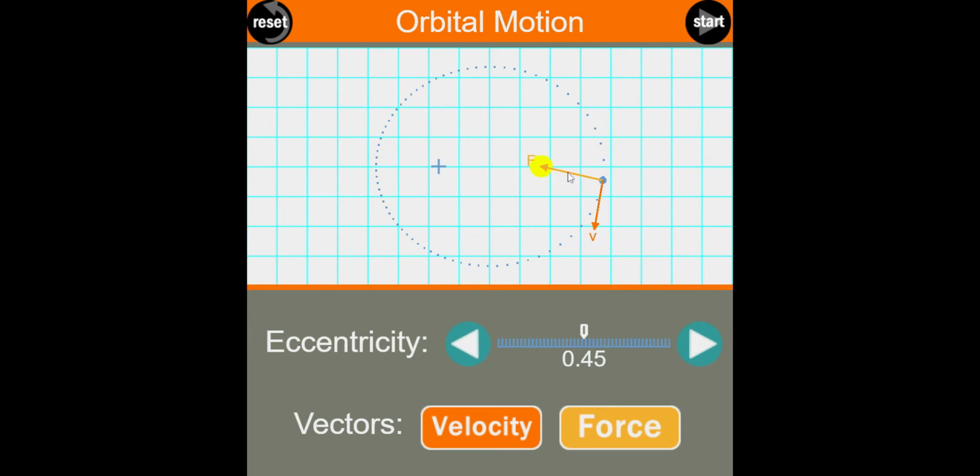Now, this is showing the force of gravity of the sun on the Earth, pulling this direction. They do not include the fact that according to Mr. Newton's third law, there's also an equal and opposite force that is pulling in the opposite direction on the sun. But remember, the sun is so much more massive than the Earth that the effect is not anywhere near the same.